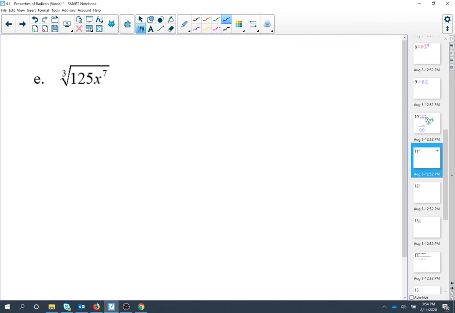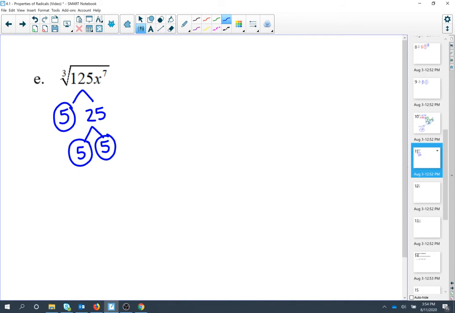Letter E, cube root of 125 x to the 7th. So again, cube root. I'm going to start with 125. 5 times 25. 25, 5 times 5. And then x to the 7th.